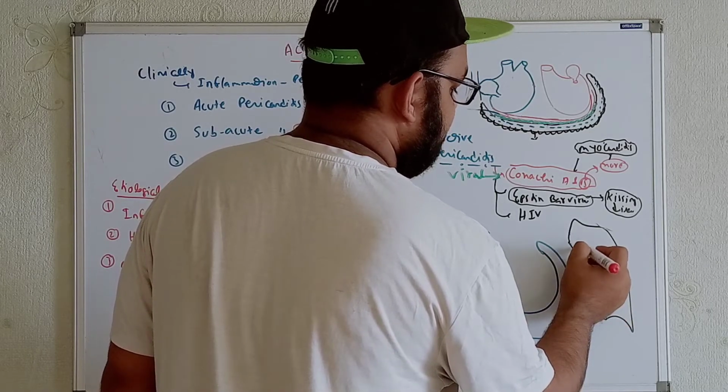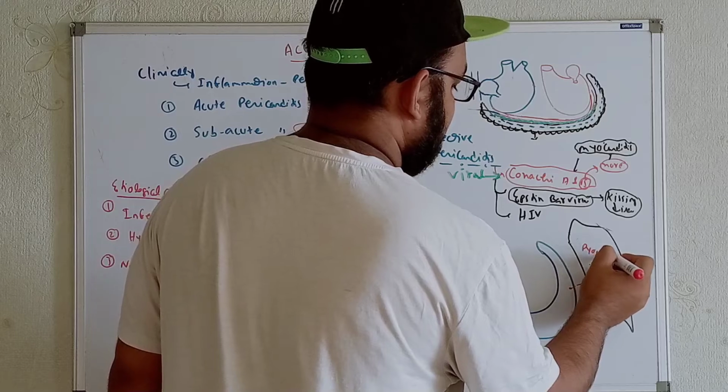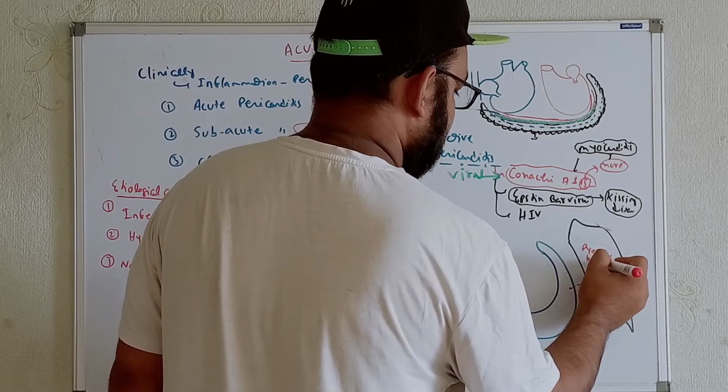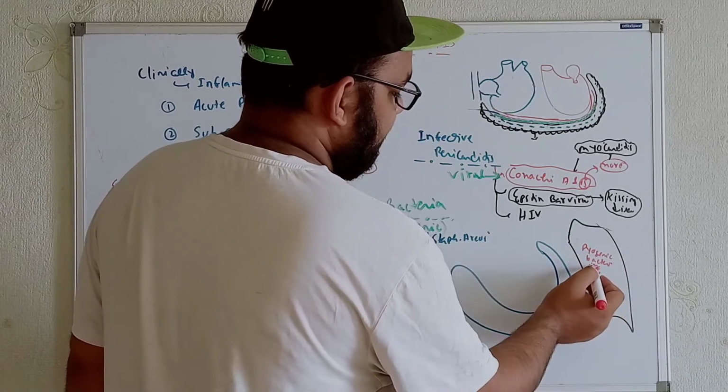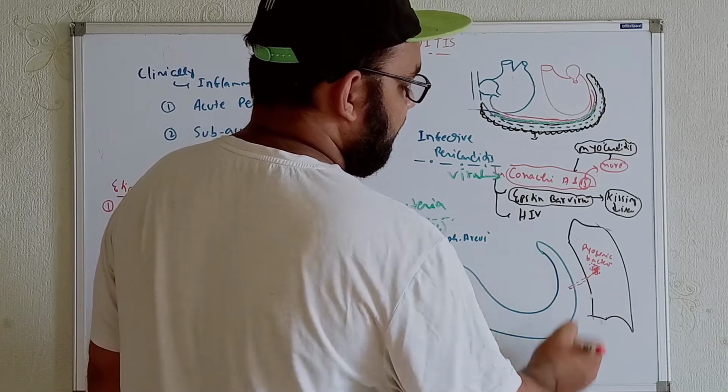These are the pyogenic bacteria that will cause the pneumonia, and from here this can spread to the pericardium.